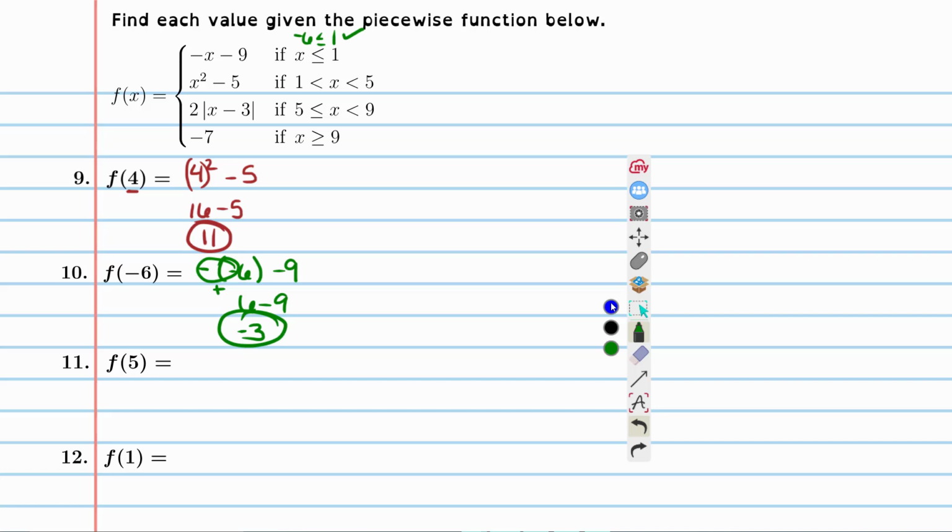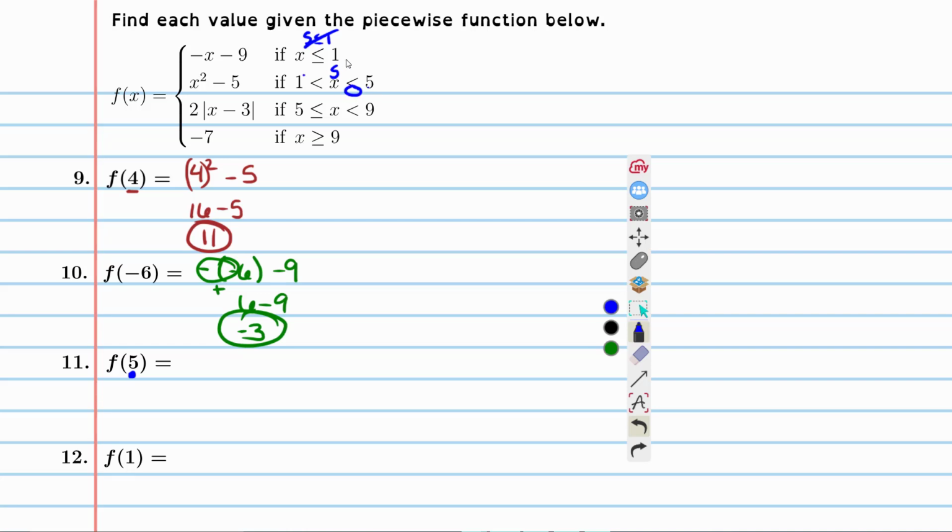Let's go to the next one. 5. And I'm going to go through the process again. Is 5 less than or equal to 1? No. Is 5 between 1 and 5?